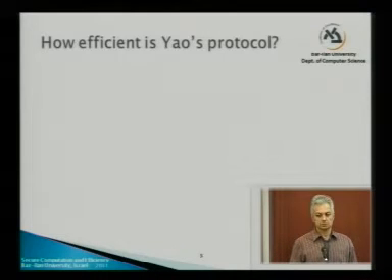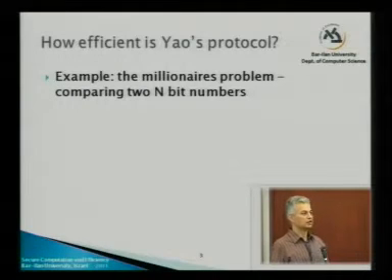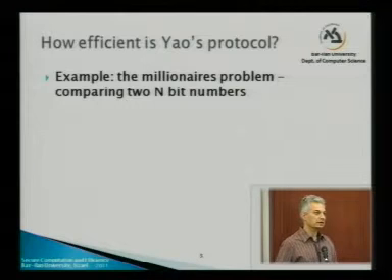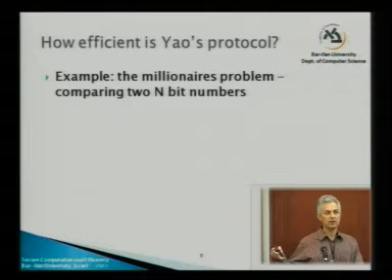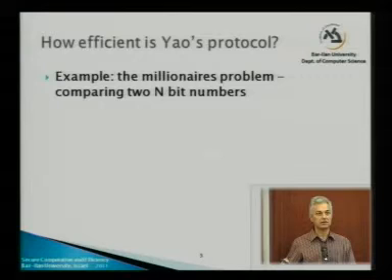So let's look at Yao's protocol, which computes a Boolean circuit. Suppose we want to solve the millionaires problem, where two millionaires want to find out which one of them is richer. Basically they have to compare two numbers. Say they have up to $100 billion each; to represent these numbers you need something like 37 bits.